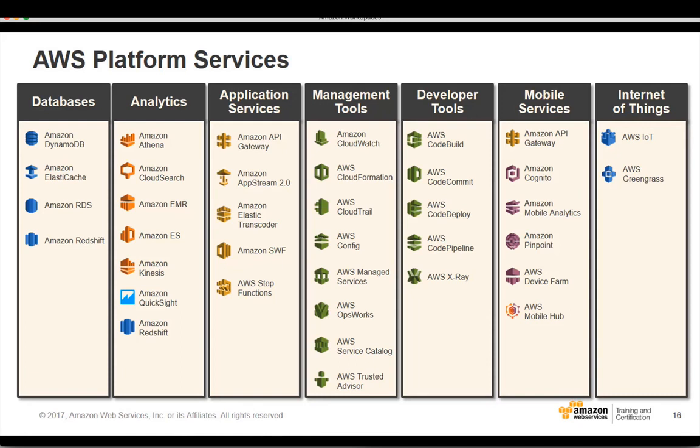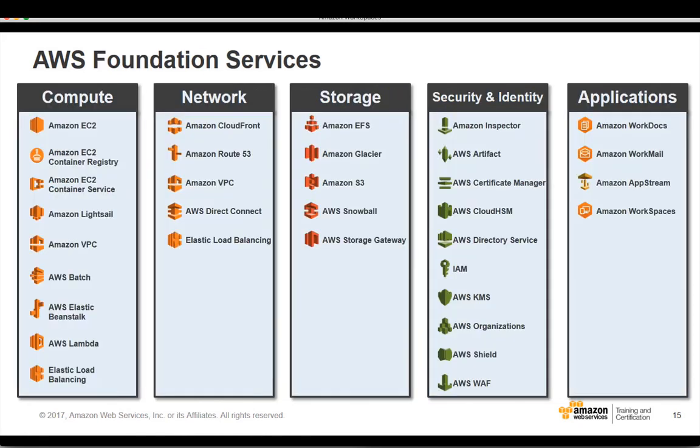So let's talk about the foundational stuff, okay? And here we have it, the foundational services. We break this down into 5 major categories: compute, network, storage, security and identity, and applications. I'm going to start with compute, and then we're going to work our way right across the screen.